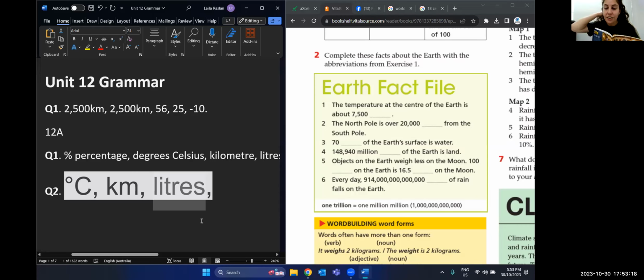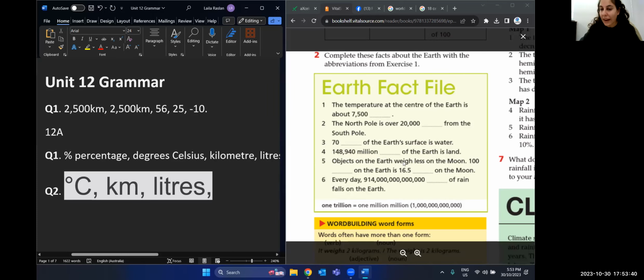And objects on Earth weigh less on the moon. 100 kilograms. We're talking about the weight of objects, how much they weigh.